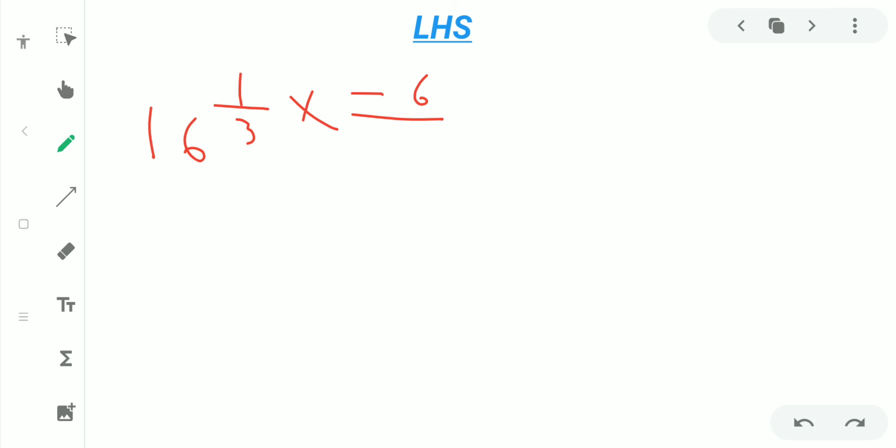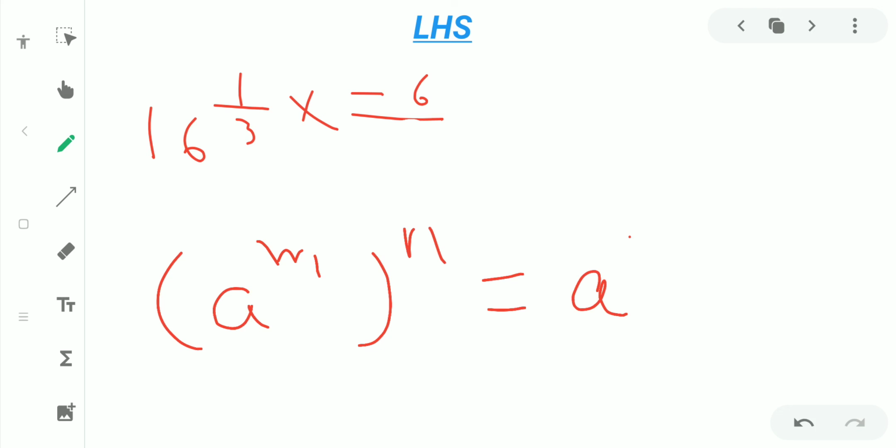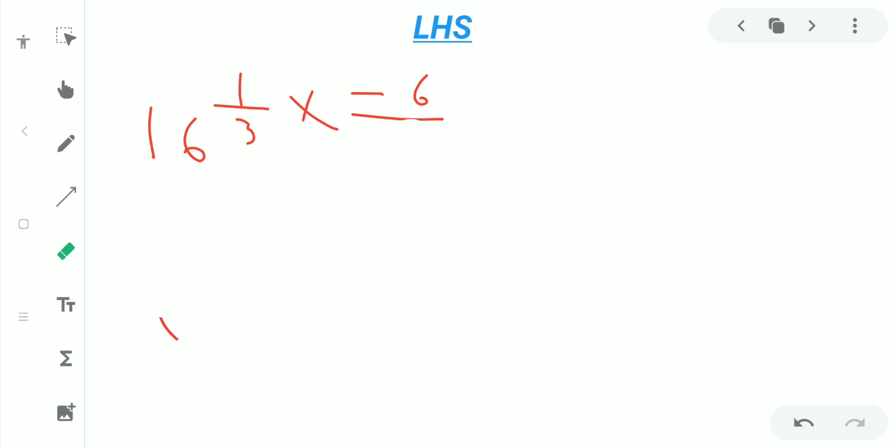I wrote multiplied with minus 6 by n because you know one formula, that is (a^m)^n is equal to a^(mn). So that formula I am applying over here. So minus 6 by n, you will have 3 ones, 3 minus 2s.